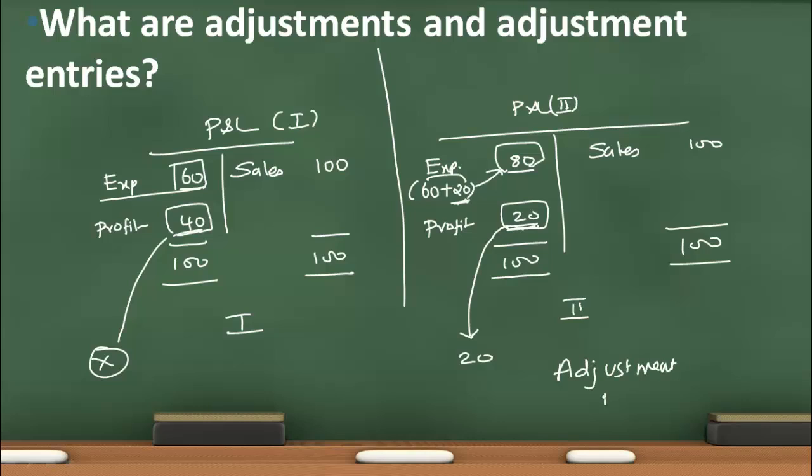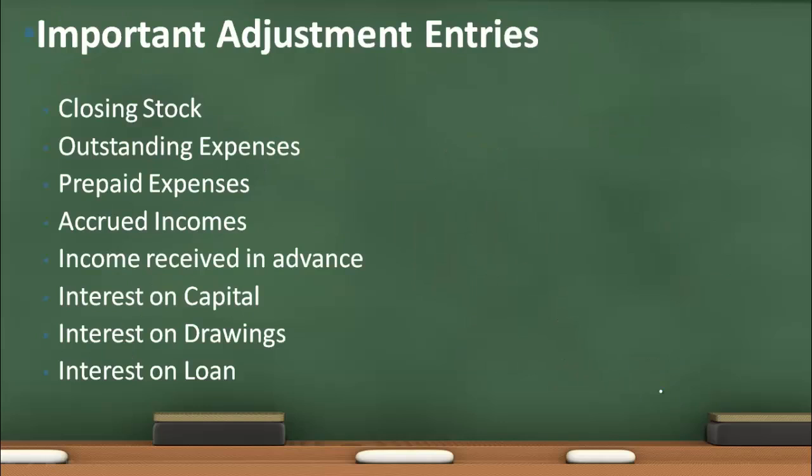So student, understand the concept behind adjustment entries. Adjustment entries are those entries which are passed to bring out the true and fair view of the accounts of the company.